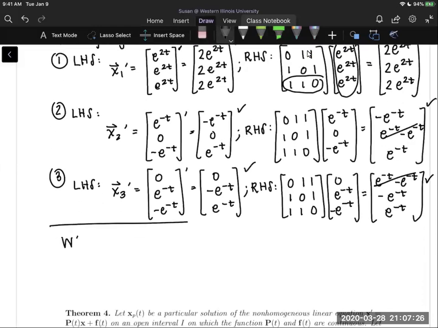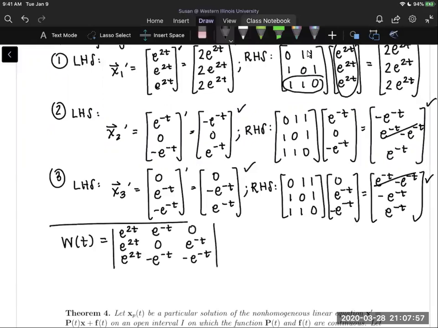So the Wronskian in terms of t will be the determinant of e to the 2t, e to the 2t, e to the 2t. There's the first column. The second column is e to the negative t, 0, negative e to the negative t. And then the last column is 0, e to the negative t, negative e to the negative t. I would like to compute this determinant.